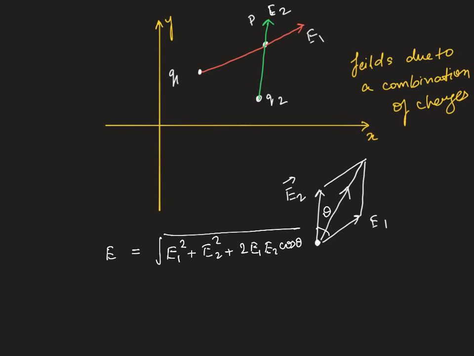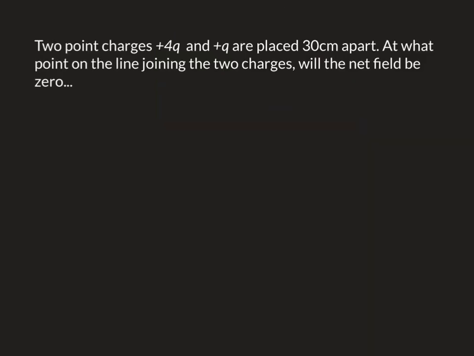You can start adding them in vector combinations, or you can also use vector resolution along the x-axis and y-axis. That is also a way to do it. But we have a few simple problems to discuss.